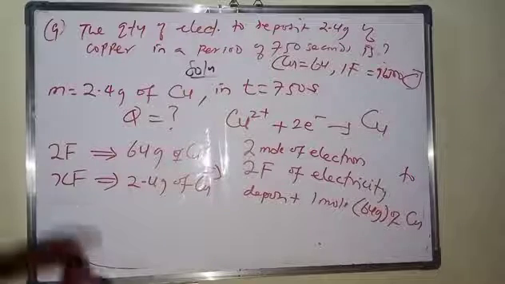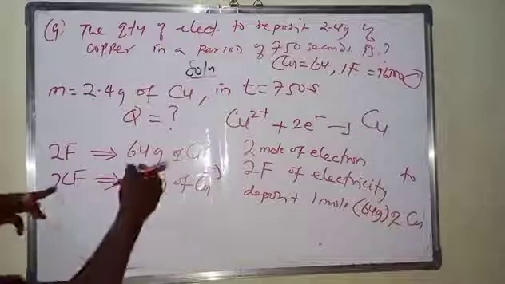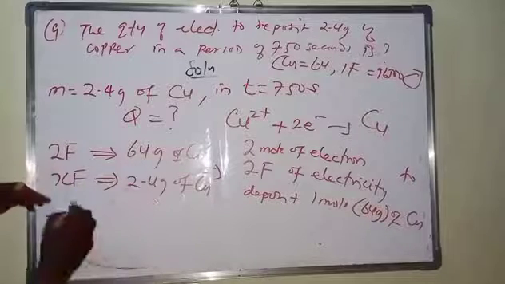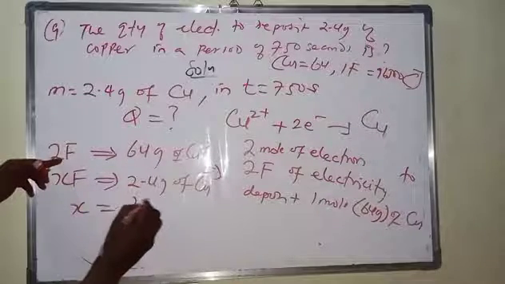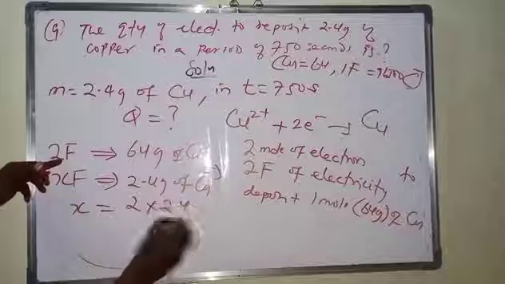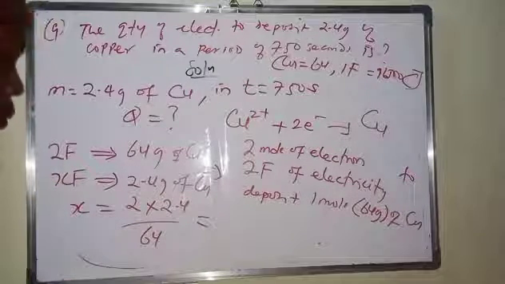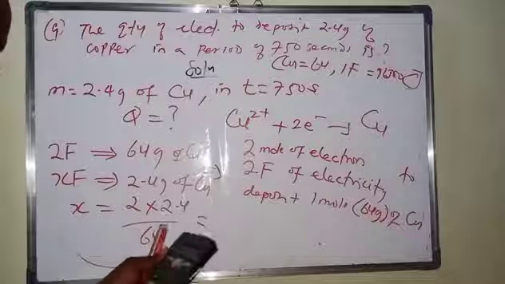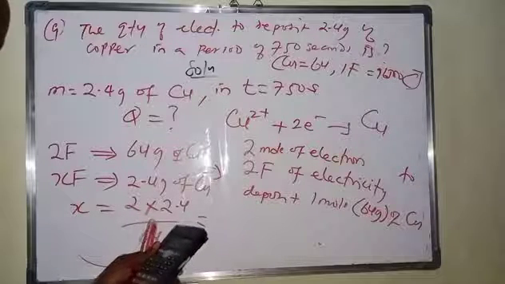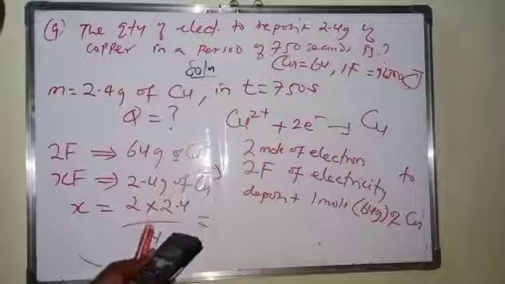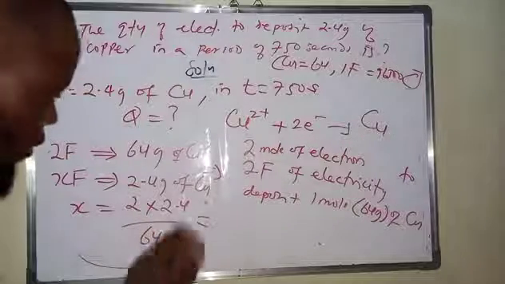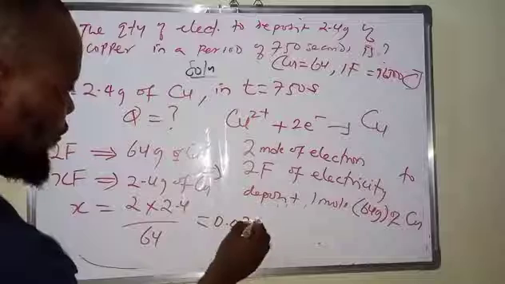As usual, we do cross multiplication, and our answer is going to be 2 multiplied by 2.4 divided by 64. This gives us 0.075.